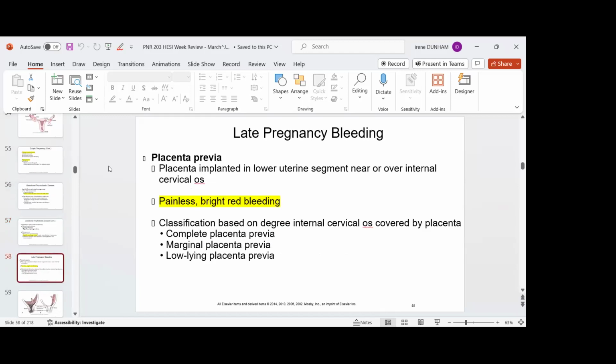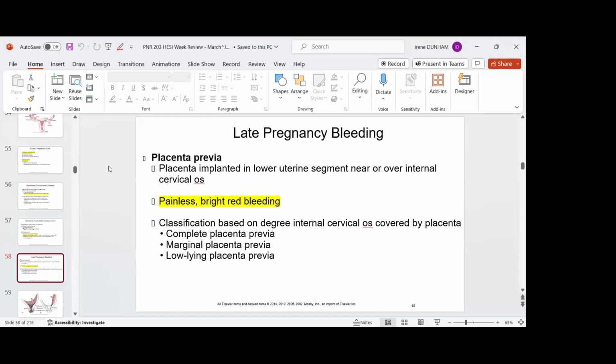Now, we have a couple of conditions, and this is late pregnancy bleeding. Okay, everything I described to you was early pregnancy bleeding, and now make another category for late pregnancy bleeding. So you've got your placenta previas, and under previa you put in bleeding, but it's bright red bleeding.